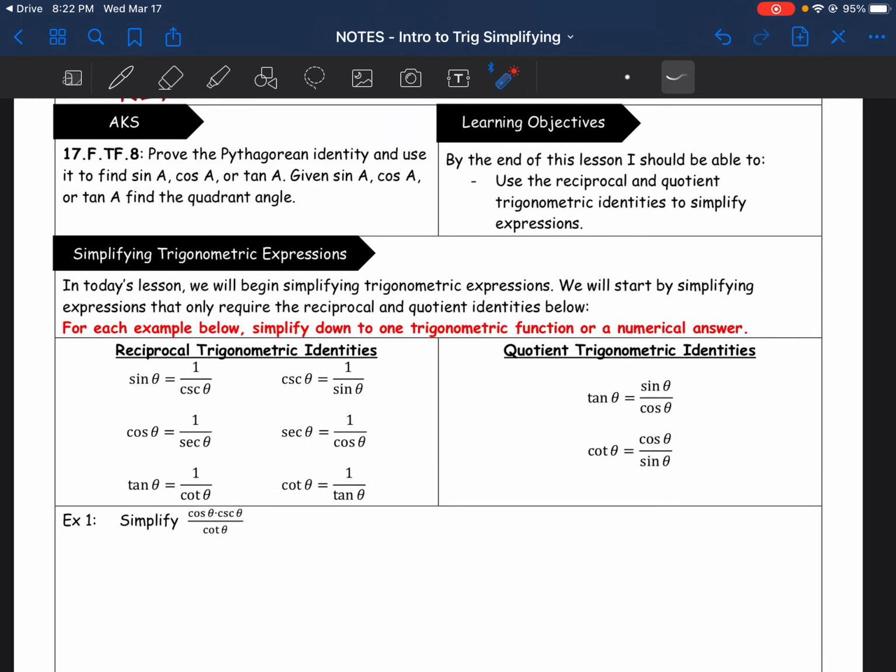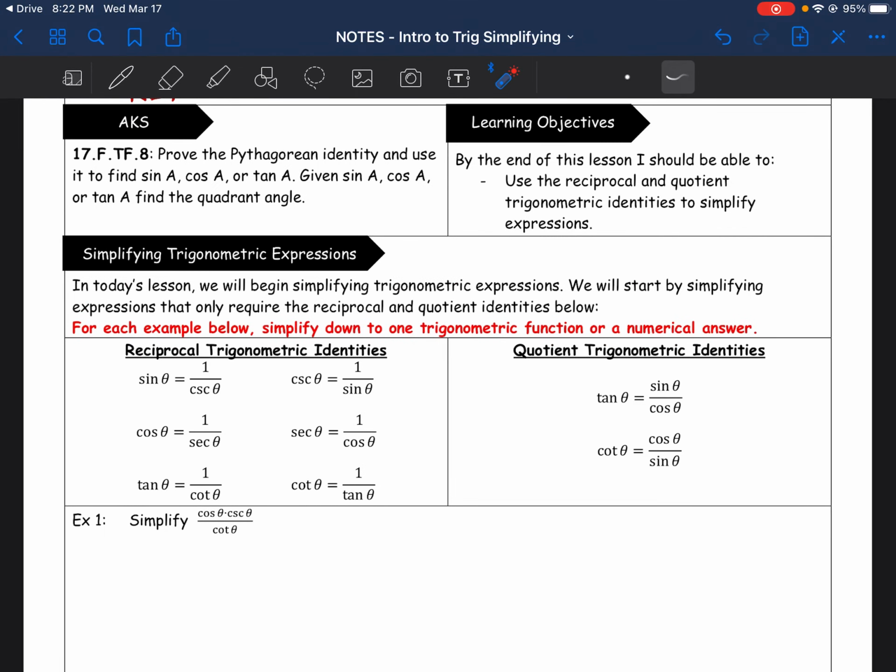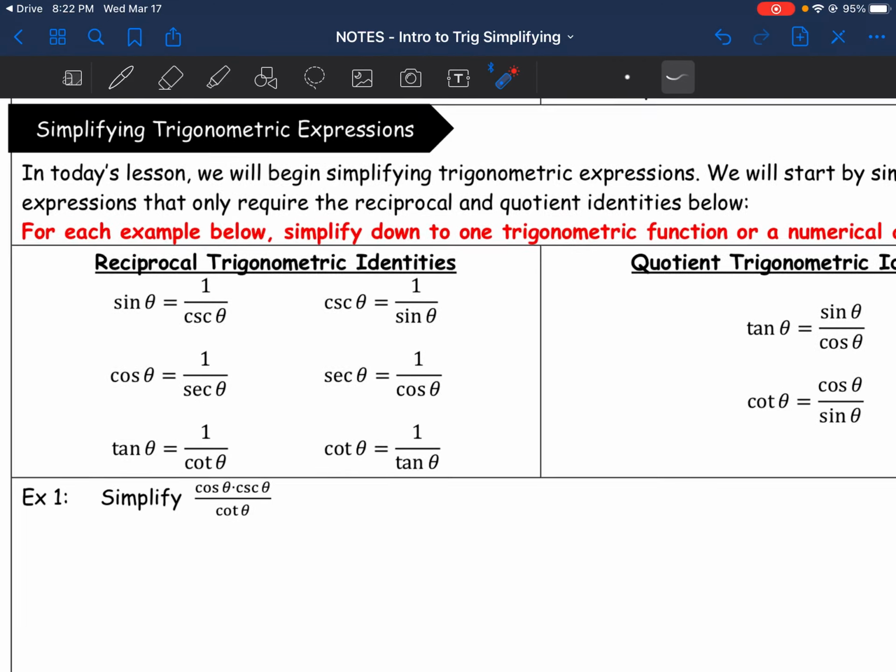And one of the tools that we're going to use quite a bit when we start simplifying these expressions is decomposition. We're going to be decomposing a lot of these trig expressions into expressions of sines and cosines. So for each one of these examples, we want to simplify as much as possible.